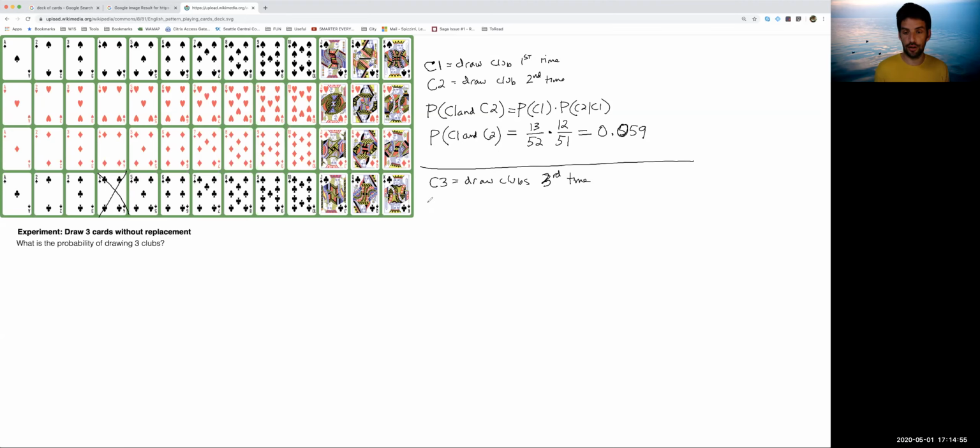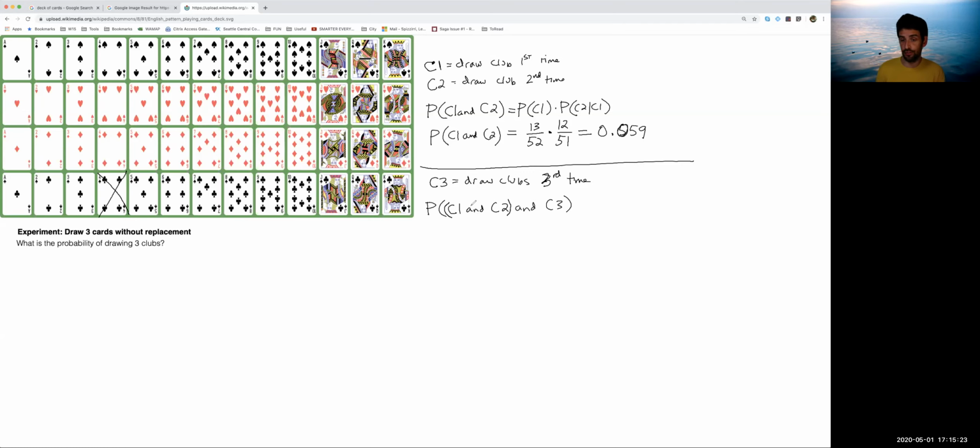And now our probability question looks like this: what's the probability of pulling clubs the first time, and the second time, and the third time? Now, here's the little trick I'm going to use here. This event, pulling clubs the first two times, I can think of as a single event.